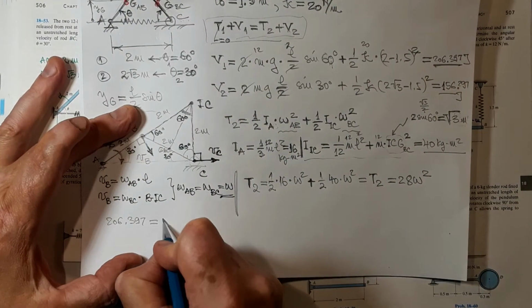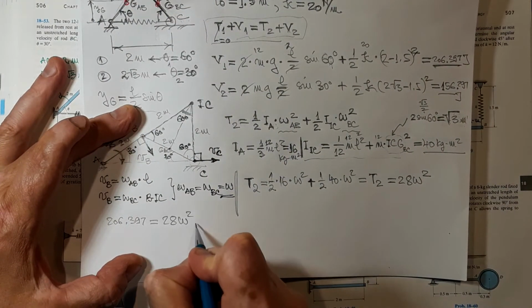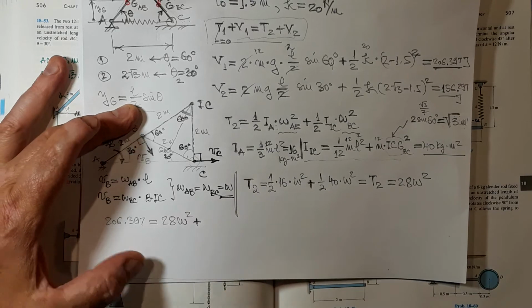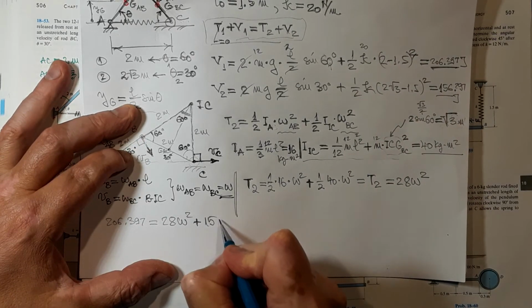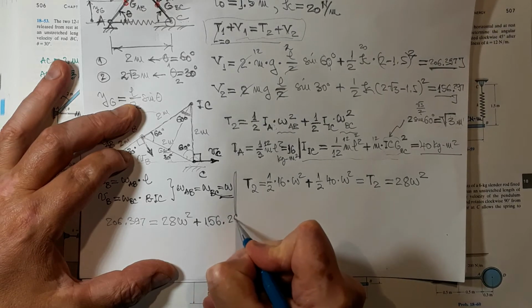So I write it here as 28 omega squared plus V2, which was 156.297.